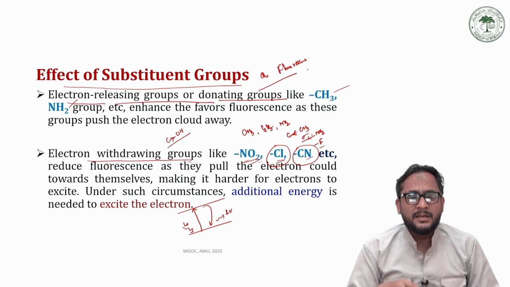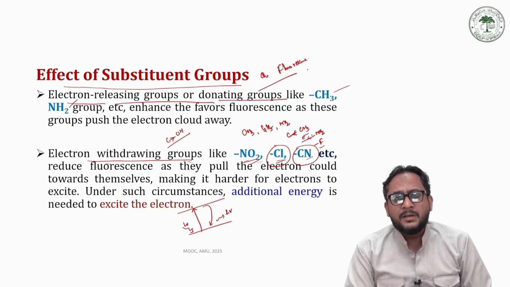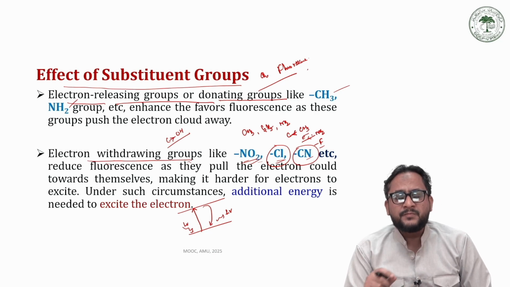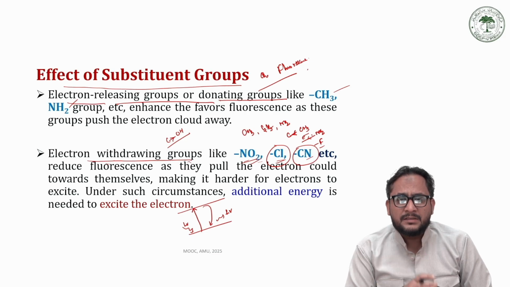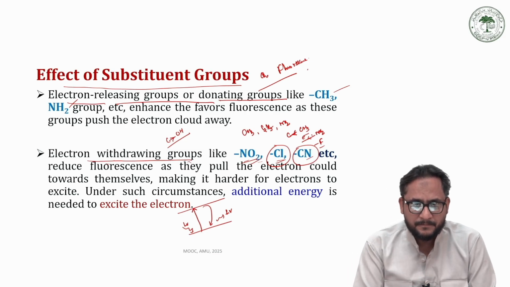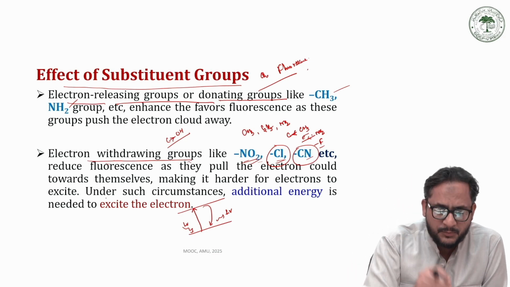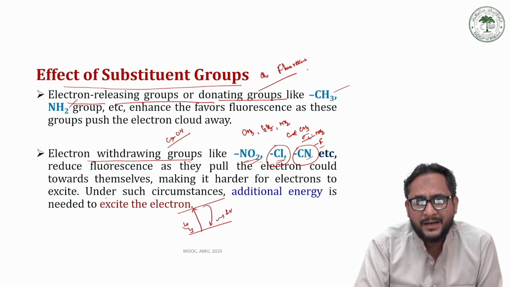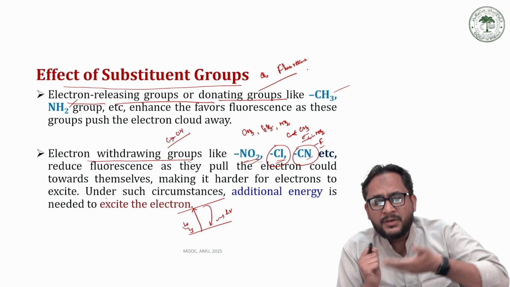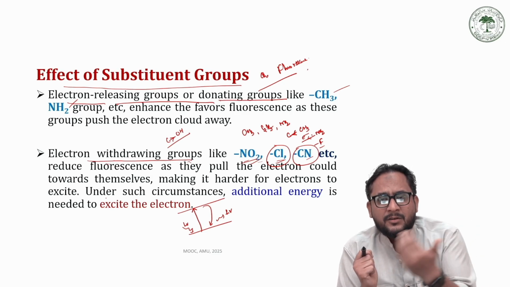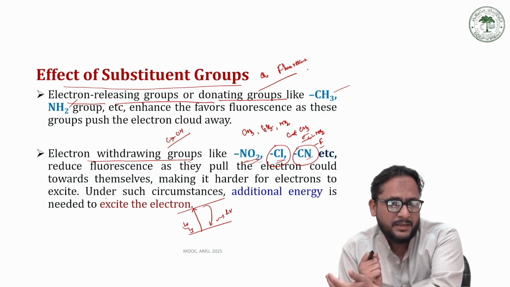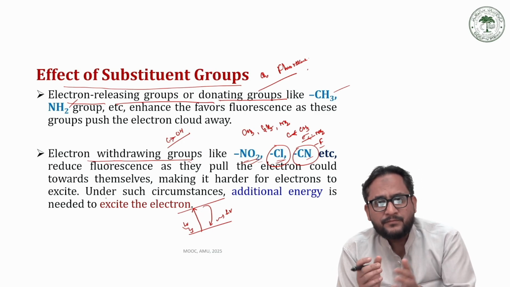We can say that the presence of an electron withdrawing group decreases, or discourages, the phenomenon of fluorescence. In this case, because the electron pair is tightly bound, we have to provide additional energy for the electron pair to get excited and then come back to emit light radiation in the form of fluorescent light.